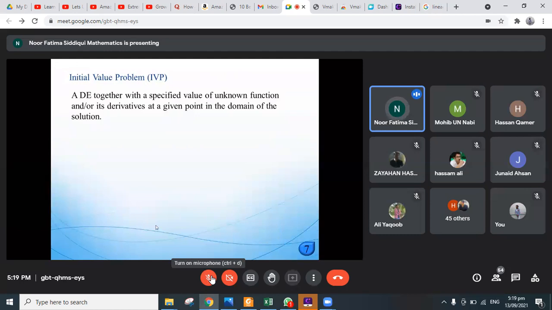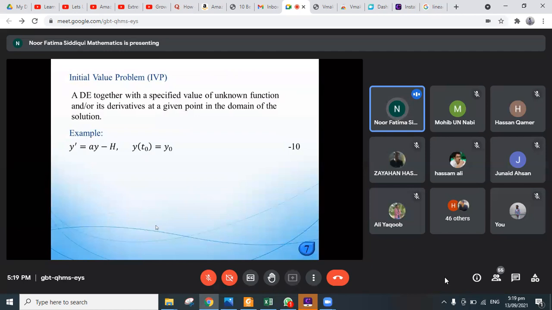Now, IVP, which stands for initial value problem: a differential equation together with a specified value of the unknown function and or its derivatives at a given point in the domain of the solution. In simple words, it must be clear from the word initial.